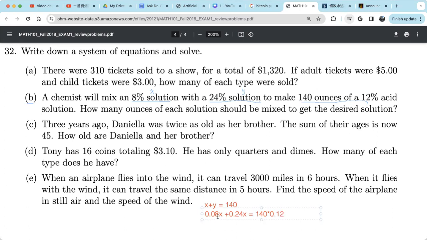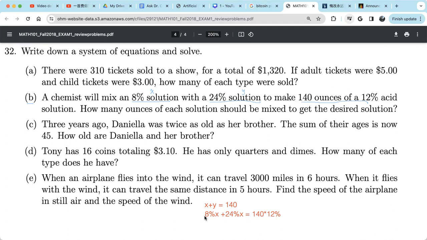Well, we could just keep the percent. Maybe let me keep the percent. So 8% of X plus 24% of Y equals 12% of 140, the total. Remember, percent just means divided by 100. So 8 divided by 100, 24 divided by 100, 12 divided by 100.